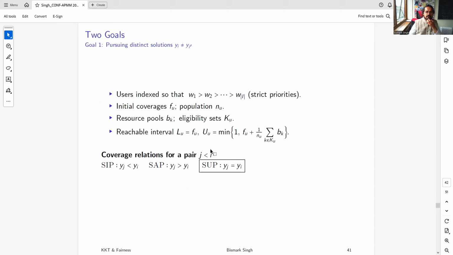This shorthand J less than I is telling you that, because of this ordering pair, the weights are the other way around, so W of J is larger than W of I. Or you could have this unclear priority up here, which is this notion that we want to eliminate. We don't want the users to have the same level of coverage.